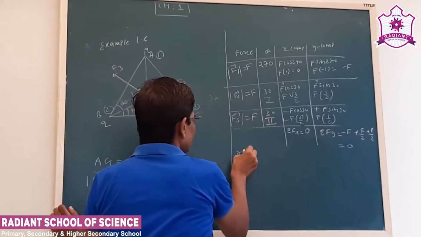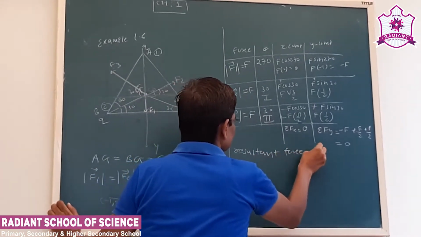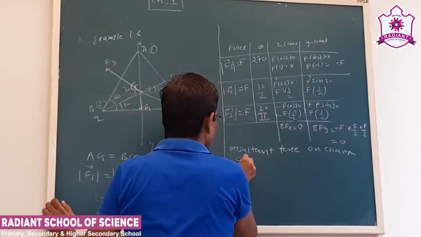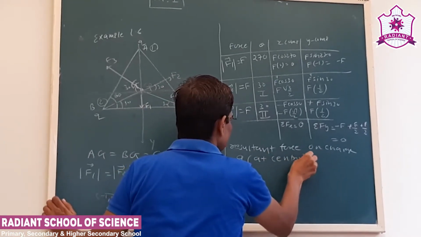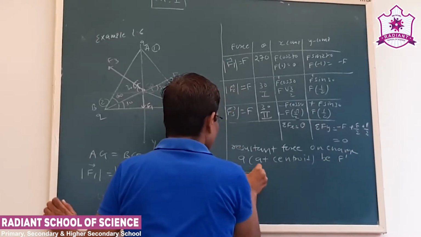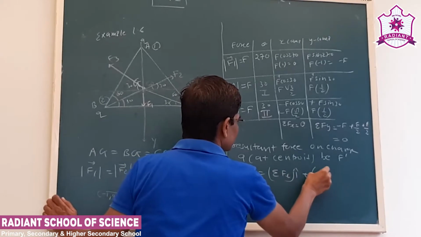So the resultant force on charge Q at the centroid, let it be F dash, is sigma Fx i caret plus sigma Fy j caret.